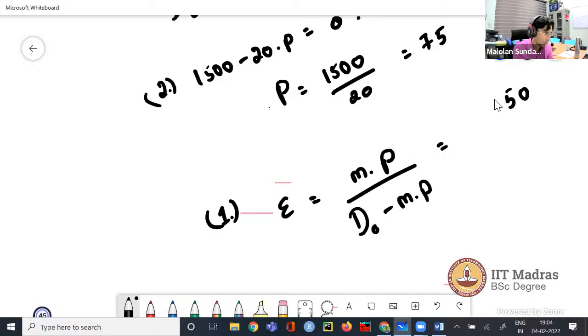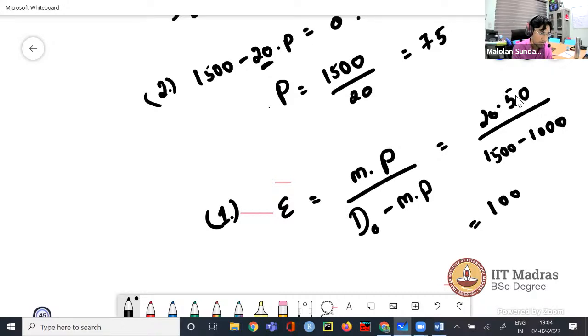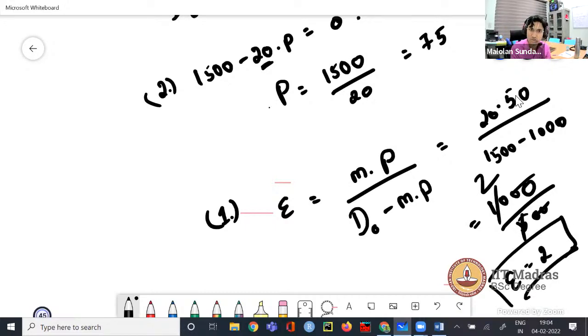The slope is nothing but the 20 that you have, so into 20, divided by 1500 minus this, which will come to around 1000. So this will be 1000 by 500, which means it is 2. So the answer to this question is 2.